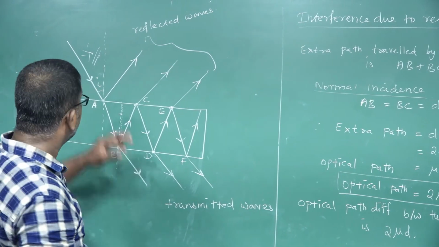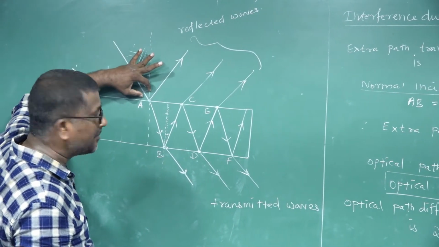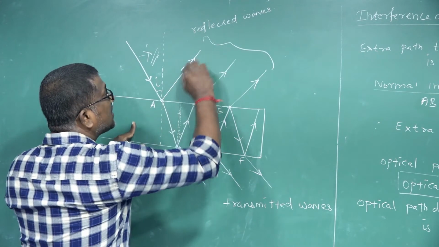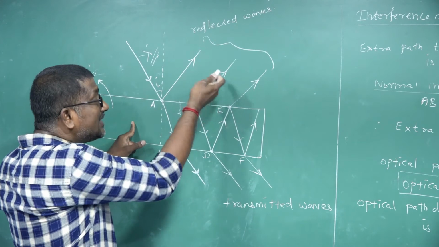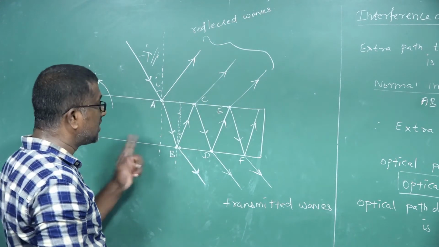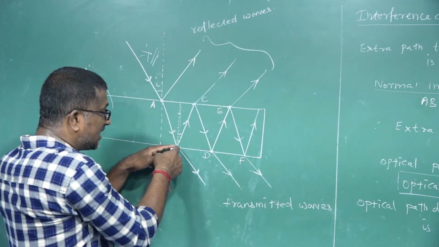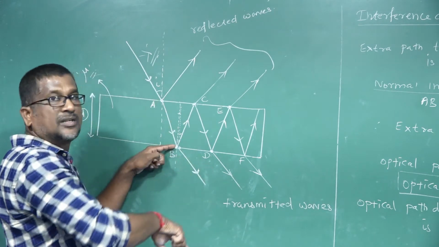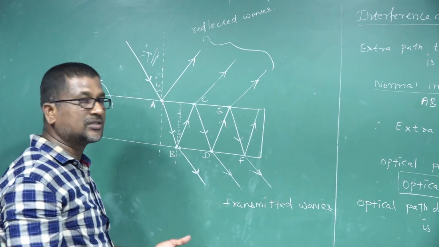One more thing: this reflected wave, coming from the bottom surface of the thin film, travels in the denser medium and gets reflected from the surface of the denser medium, so it does not suffer any phase change or path change.